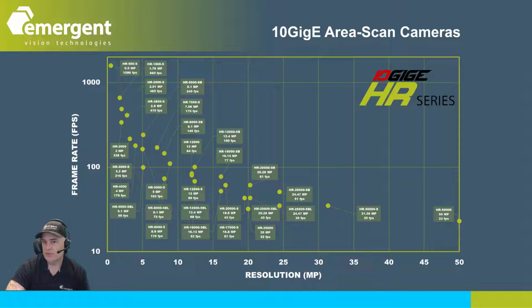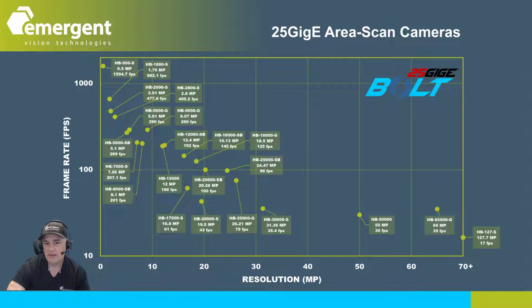With such a broad range of products, we find it helpful to chart out the various resolutions and frame rates provided. At 10 GigE, the products range from 0.5 megapixel at 1500 frames per second up to 50 megapixel at 23 frames per second. At 25 GigE, the products range from 0.5 megapixel at 1600 frames per second up to 127 megapixel at 17 frames per second.